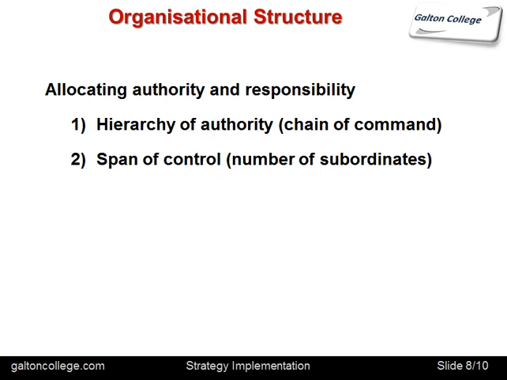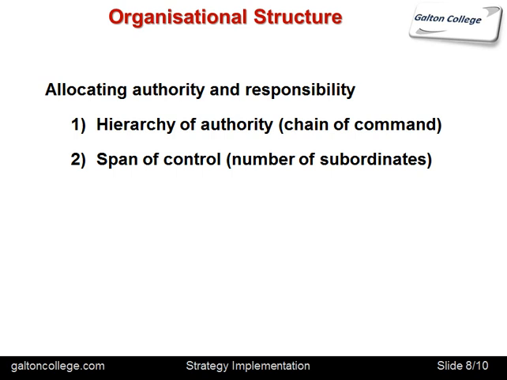And there's also this concept of the span of control, the number of subordinates. If a manager has a large number of people reporting to him or her, they have a large span of control. That may be a problem, because too many people reporting means that the manager is perhaps overworked, could be stressed.